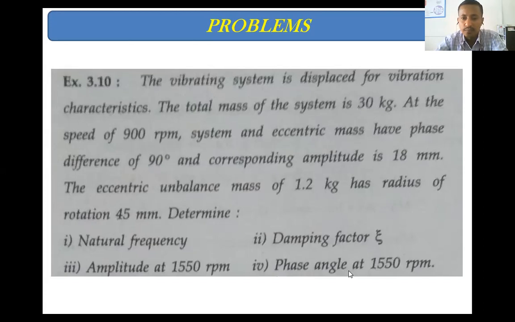And fourth is phase angle at 1550 rpm. What are the values of amplitude and phase angle at this particular rpm? So these four things we need to calculate in this problem.